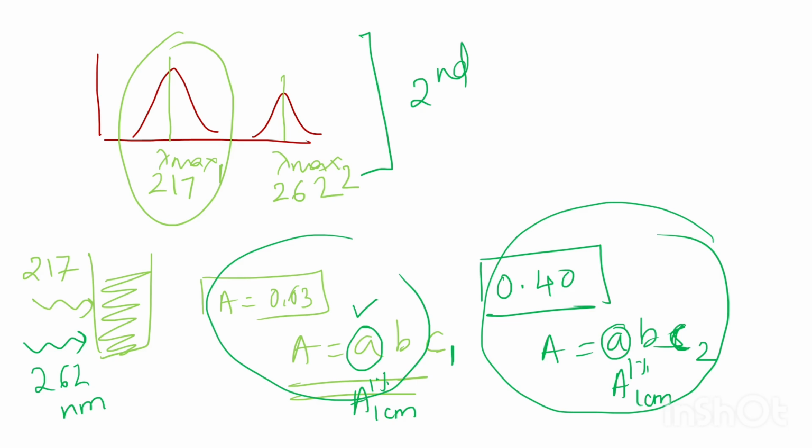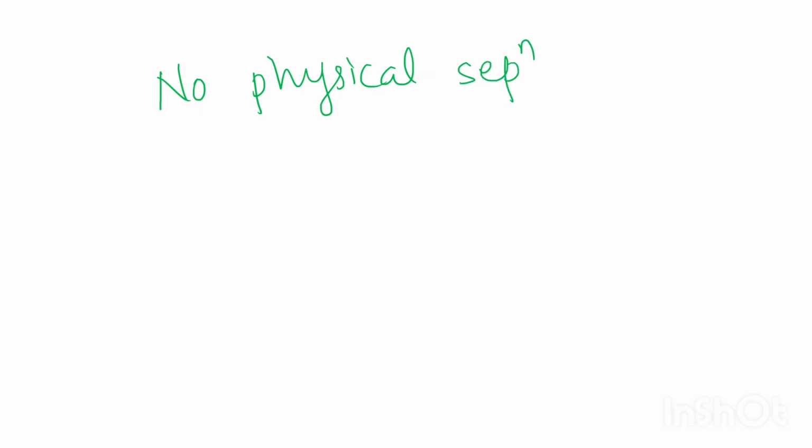But that did not happen. Instead, I got a spectrum where both the drugs are giving absorbance at each other's lambda max, and therefore we are using this method where there is no physical separation. Both the solutions we are not physically separating from each other. Without physical separation, we are just solving the equations simultaneously.